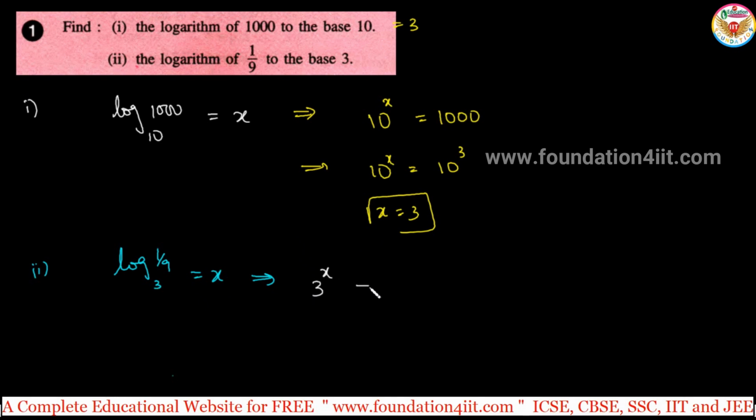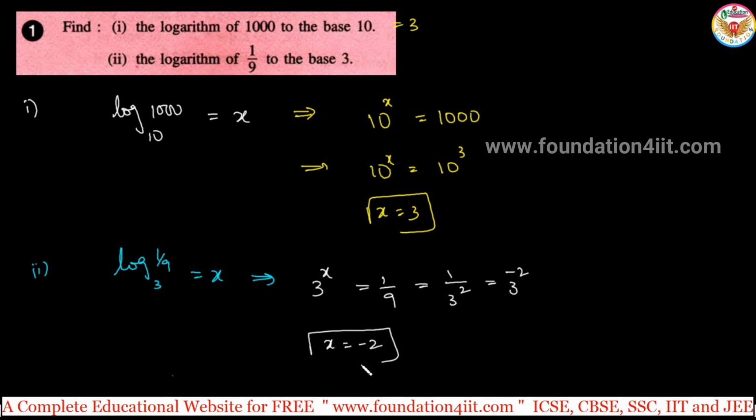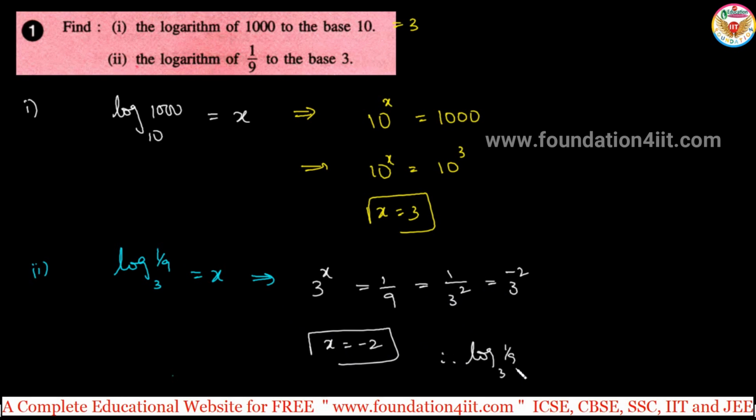So 3 to the power x is equal to 1 by 9. 1 by 9 I can write as 1 by 3 square, that is 3 to the power minus 2. So the base is the same, right? So equate the powers. x is equal to minus 2. Therefore, log 1 by 9 to the base 3 is equal to minus 2. Right? This is one. If the value is not mentioned, you can take it as x and solve.